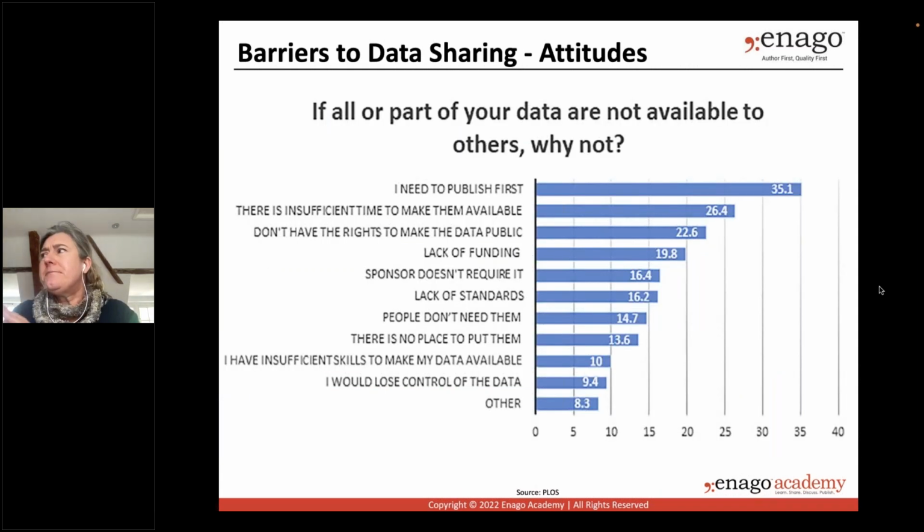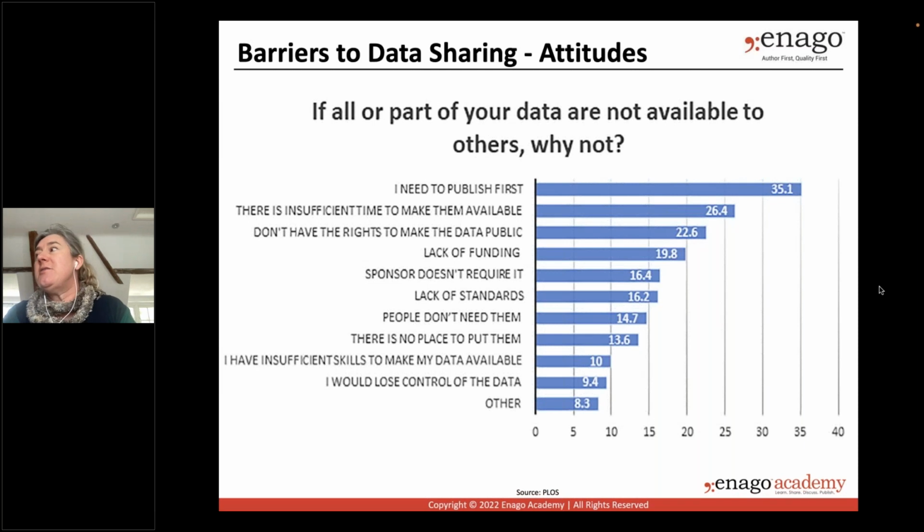However, there are quite a lot of instances where people might not share their data. This is part of a PLOS study that was published in 2020 from a survey conducted in 2017 and 2018. So researchers may or may not make part of their data available for reasons like they need to publish first, or they could have insufficient time to make it available, by which I think they want to make sure they do those checks that we were talking about, to make sure that the data are full and complete and rigorous.